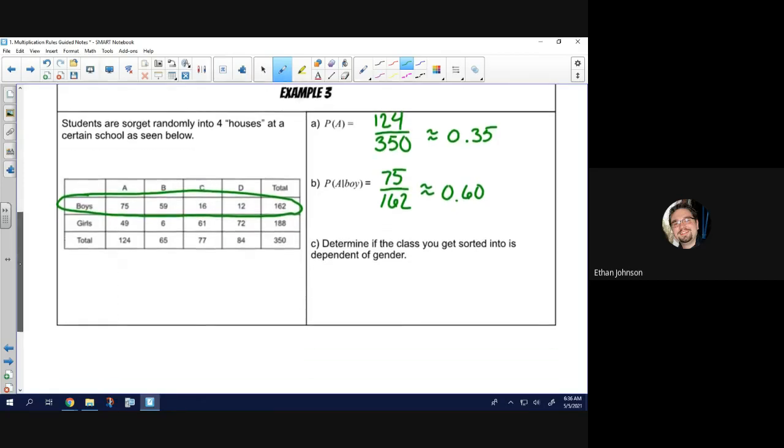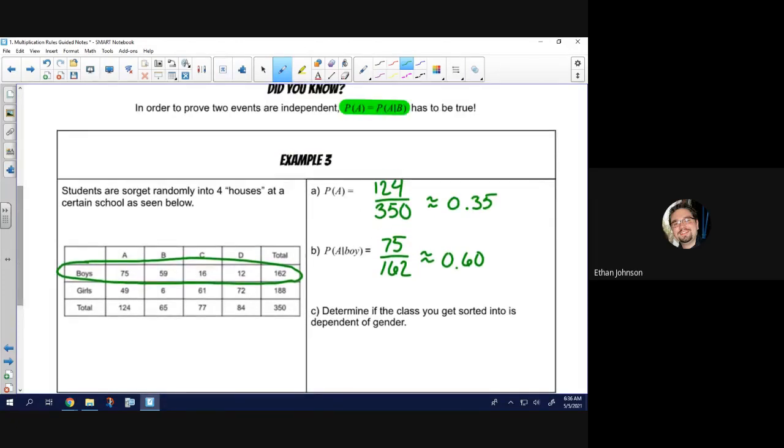So now we can actually answer this question C. Determine if the class you get sorted into is dependent of gender. Well, in order for it to be independent, that had to be true.